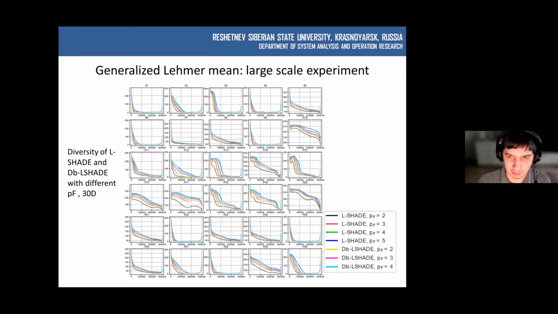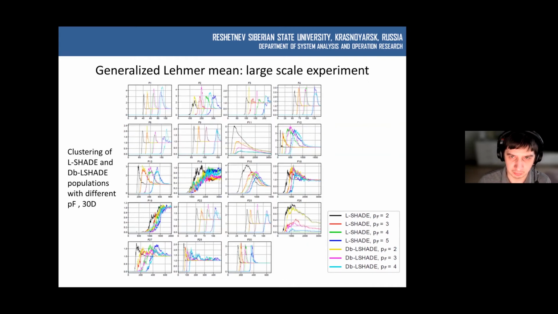Also, we observed that if we measure the diversity of the population with larger Lehmer mean parameters, the diversity is larger, which is obvious. We sample larger F values, we get more diversity. But a more important and interesting thing is when the first clusterization of the whole population occurs.